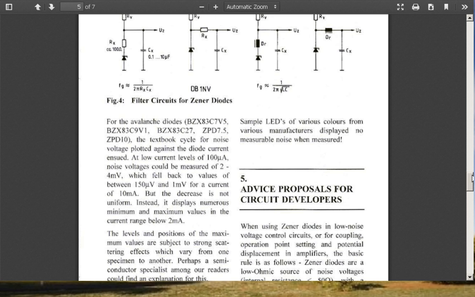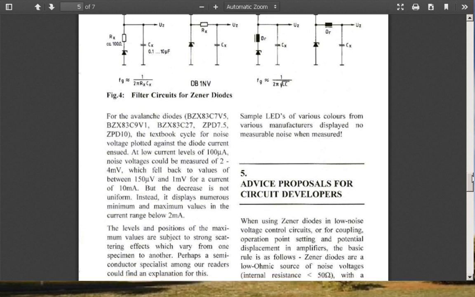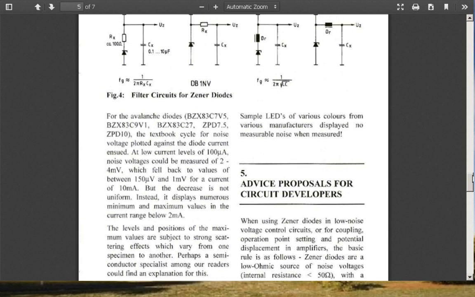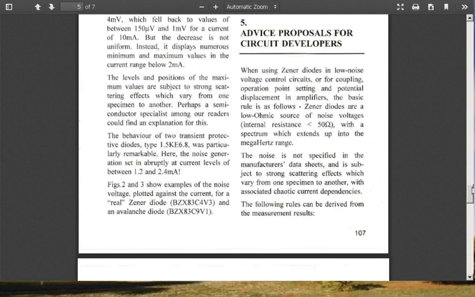Some LEDs of various colors from various manufacturers displayed no measurable noise when measured. Zener diodes are a low ohmic source of noise voltages, internal resistance less than 50 ohms, with a spectrum which extends up into the megahertz range.